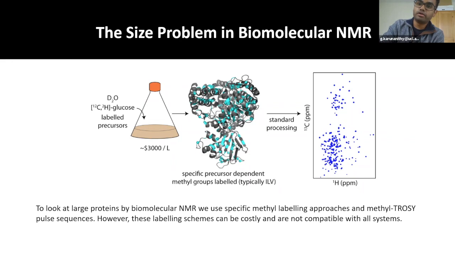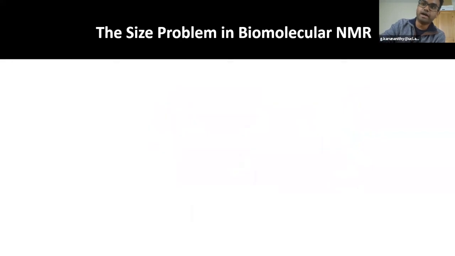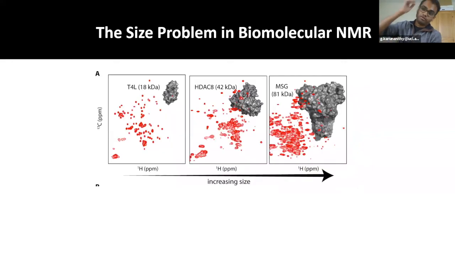But one thing we realized was that methyl groups are intrinsically intense. So if we look at spectra in the methyl region of increasingly large proteins, although things get a bit messy, and obviously you get broad line widths and more peaks as things get bigger, what you still have is quite a lot of signal. These are all HSQC spectra recorded in maybe an hour, not more than that.